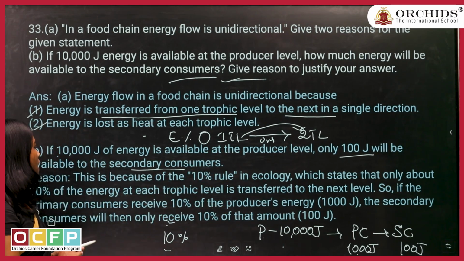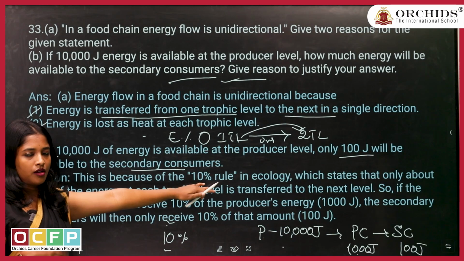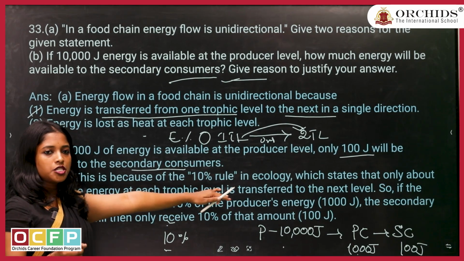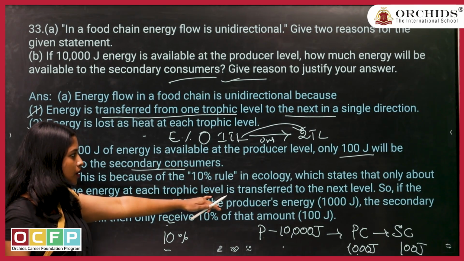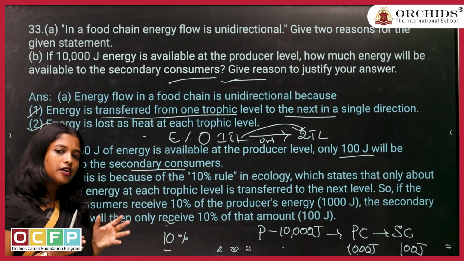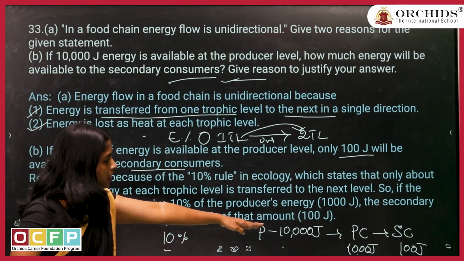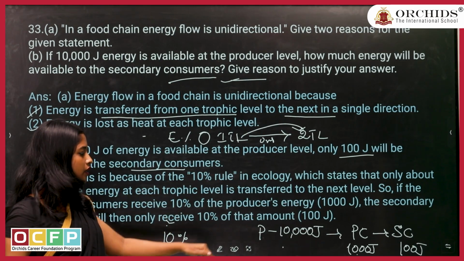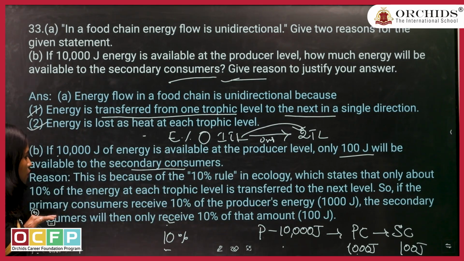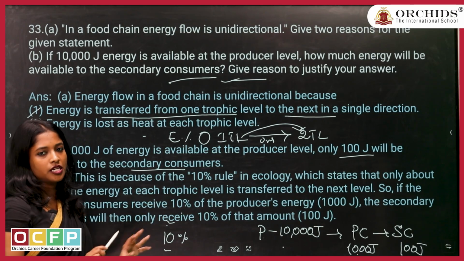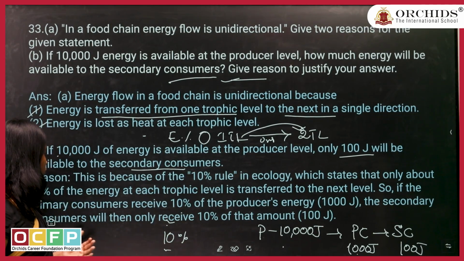Then explain. At the producer level, we have 10,000 joules. As per the 10% law, at each level only 10% of the energy will be passed on. So according to that, the secondary consumer will receive 100 joules. That is what I have written in these statements. Okay, just go through the answer.